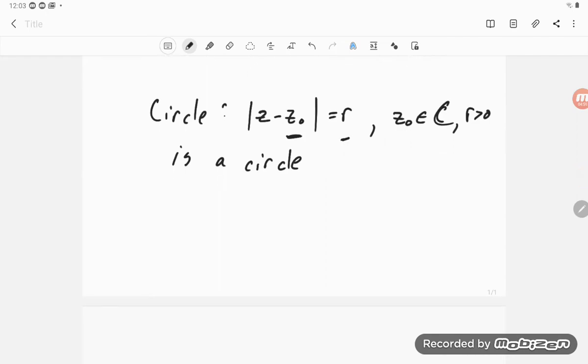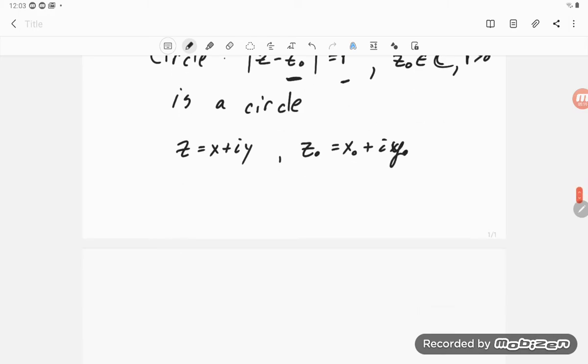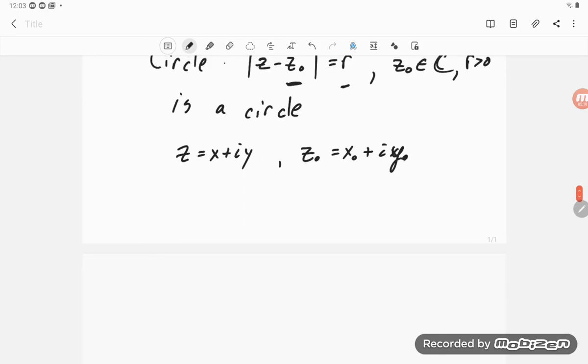So does that make sense, right? Well, okay, let's just take z equal to x plus iy, and z naught equal to x naught plus i y naught. Why not? And if I look at the absolute value of z minus z naught, then that is the absolute value of (x minus x0) plus i times (y minus y0).